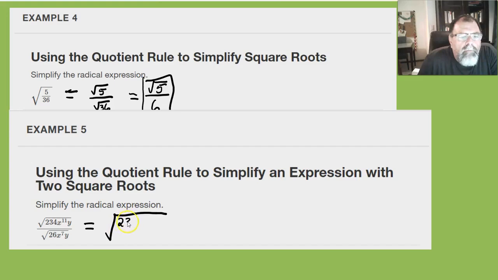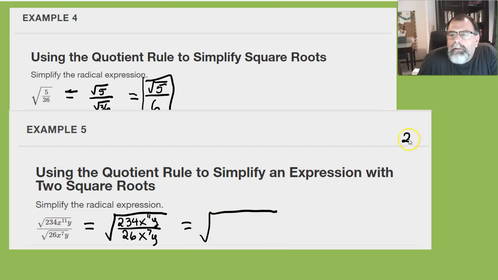So 234 x to the 11 y over 26 x to the 7 y. Now again, if I think about it as factoring, right? 234 is, let's see here, does 4 go in that?